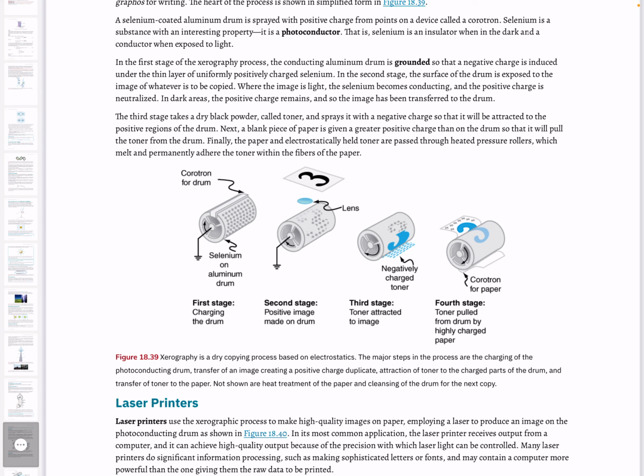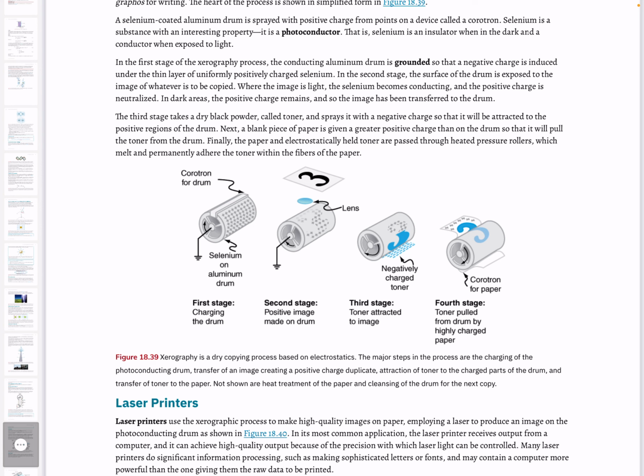They take negatively charged toner, and they roll the drum through the toner, and then the 3 that has been negatively charged imprint absorbs, or all the negative toner attaches to that 3.